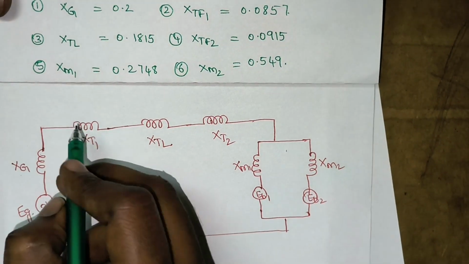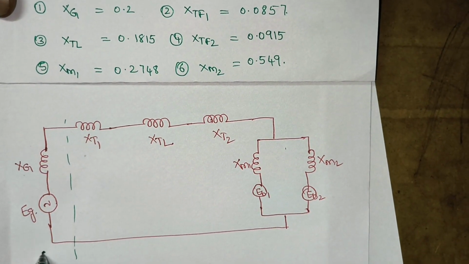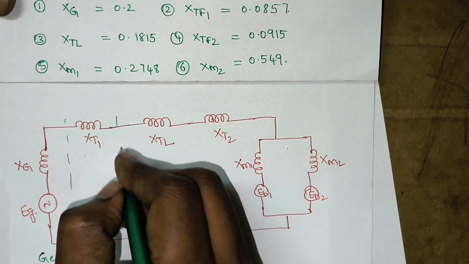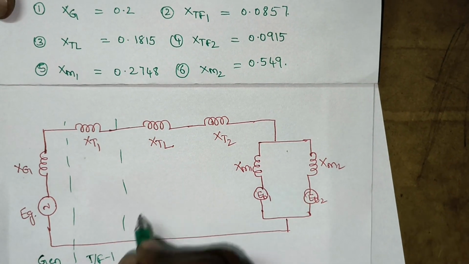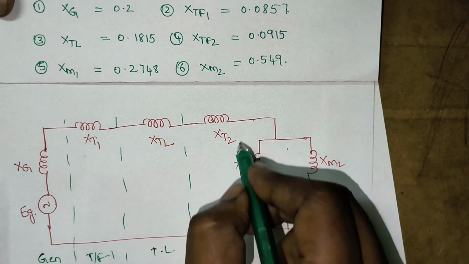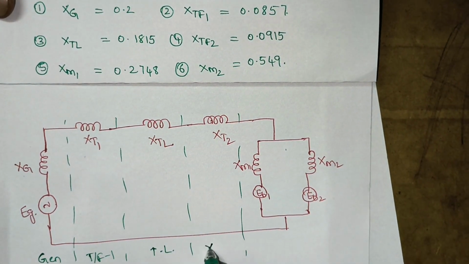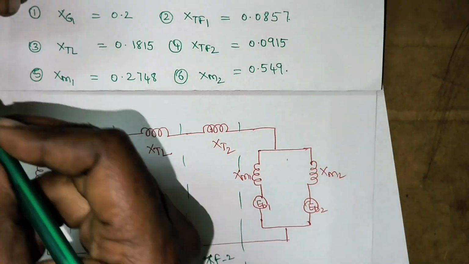So this is the reactance diagram. Let me note it like this. This is the generator, this is transformer 1, this will be the transmission line, and this is transformer 2.